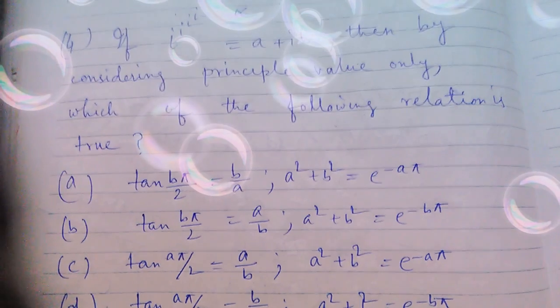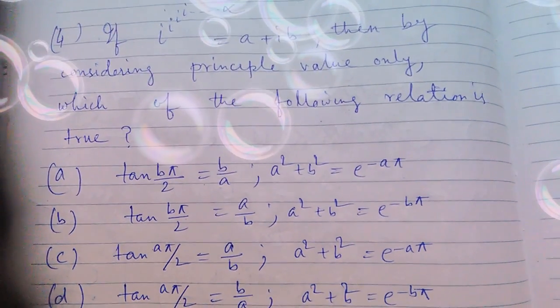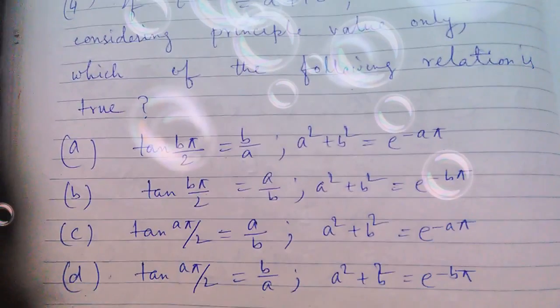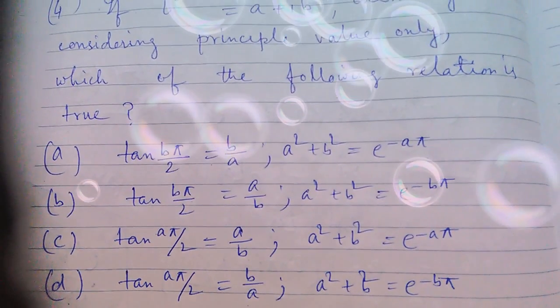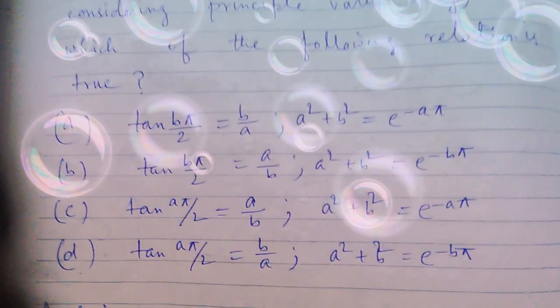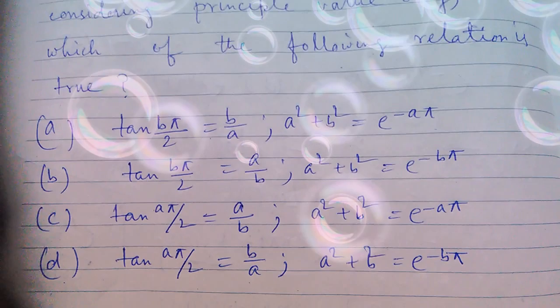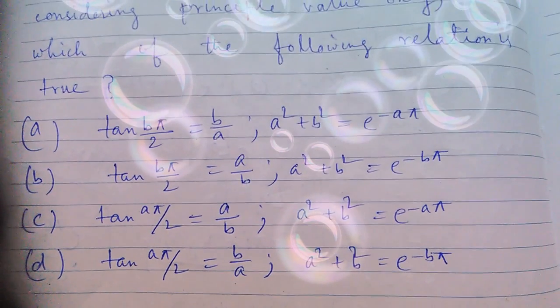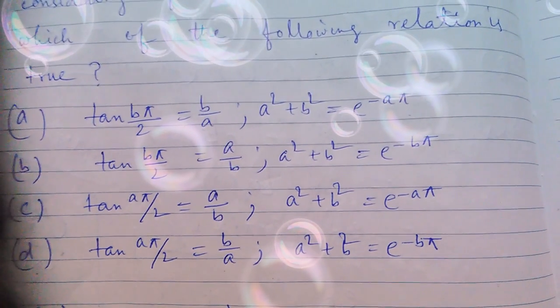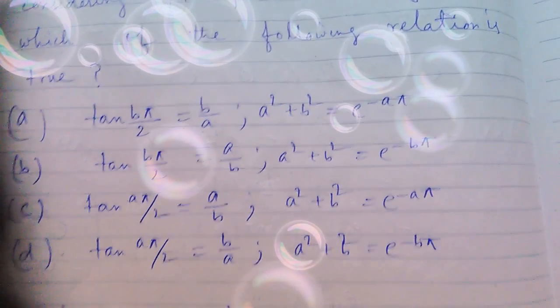A, tan(b pi by 2) equals b by a, a squared plus b squared equals e to the power minus a pi. B, tan(b pi by 2) equals a by b, a squared plus b squared equals e to the power minus b pi. C, tan(a pi by 2) equals a by b, a squared plus b squared equals e to the power minus a pi. D, tan(a pi by 2) equals b by a, a squared plus b squared equals e to the power minus b pi.